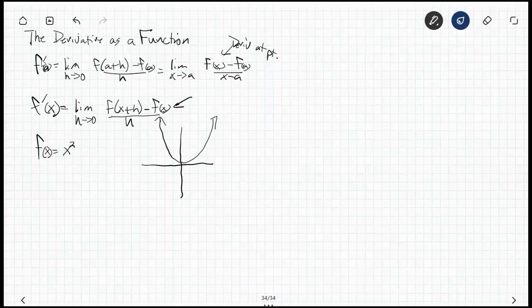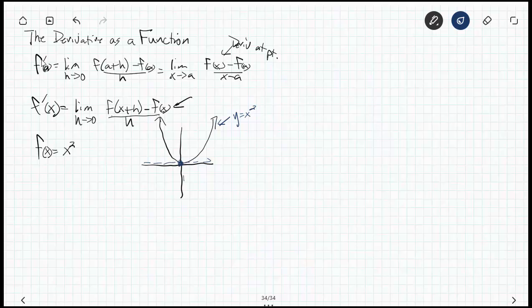Now, if we're looking for slopes of lines tangent, we realize this is y equals x squared. We realize that this thing decreases and therefore has negative slopes to the left of 0, and then it increases to the right of 0, and at 0 it levels off. So I should get a free piece of information right there. Since it levels off, what do we know that the slope of the line tangent has to be?